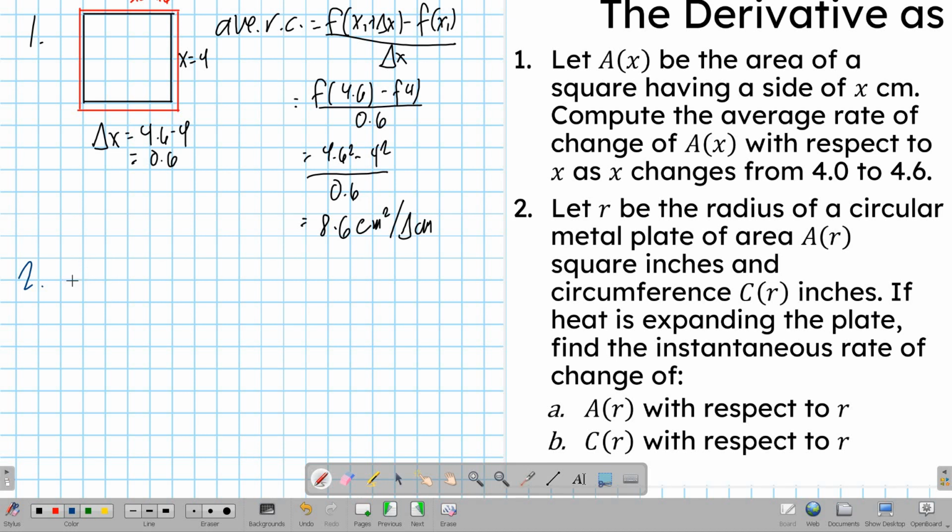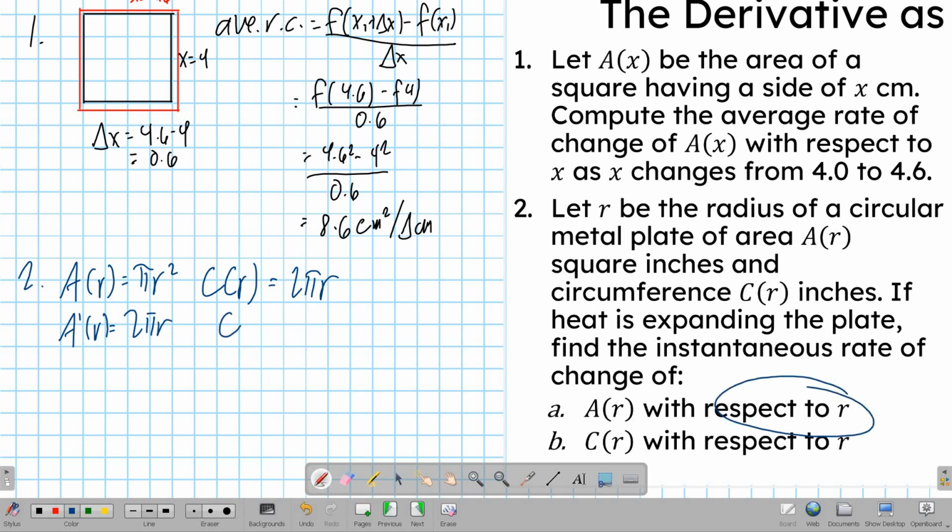And since this is circular, we know that the area of a circle is equal to pi r squared in terms of the radius, and the circumference of a circle is equal to 2 pi r. So finding the derivative of these functions, A prime of r will be equal to 2 pi r. We don't need to write dr because it says with respect to r, while C prime of r is equal to 2 pi.